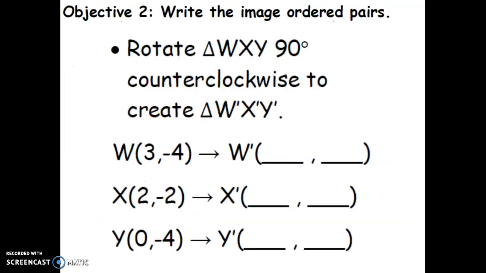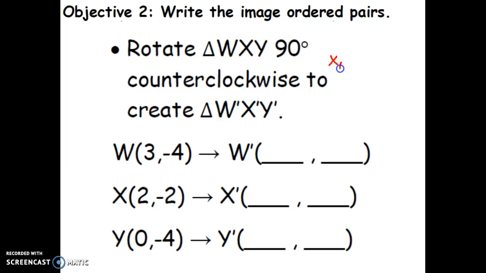Now let's look at our second objective, which is writing the image ordered pairs. This is going to be very simple since that is what we had to do for each of the previous examples. So here we have the ordered pairs for the pre-image for triangle WXY, and we need to write the image ordered pairs.